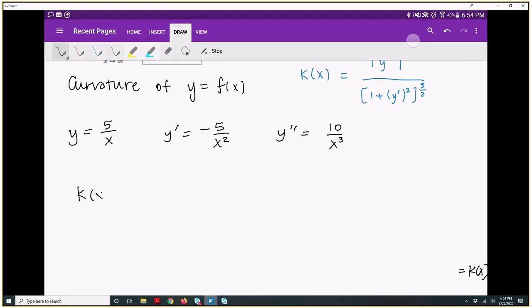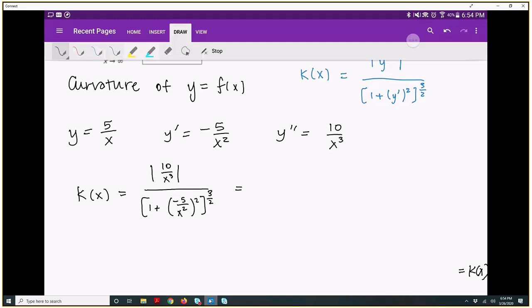Then the curvature k of x is the absolute value of 10 over x cubed divided by 1 plus minus 5 over x squared to the power 3 over 2.